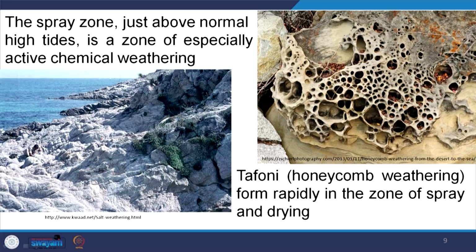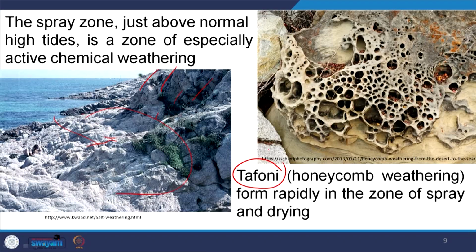The spray zone just above normal high tide is a zone of especially active chemical weathering. Beyond normal high tide, during tide the salt dissolves and is removed, but once the area remains above the high tide, there will be a permanent salt accumulation zone.